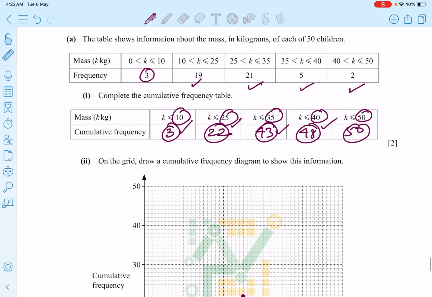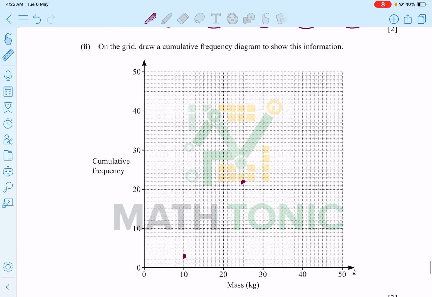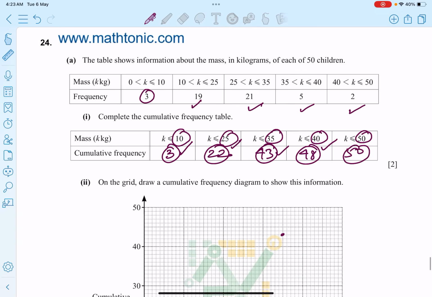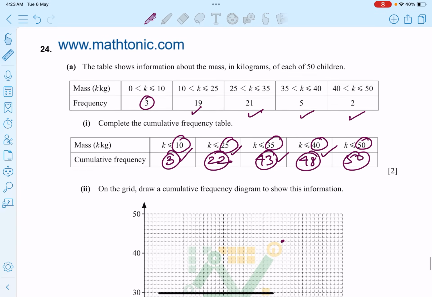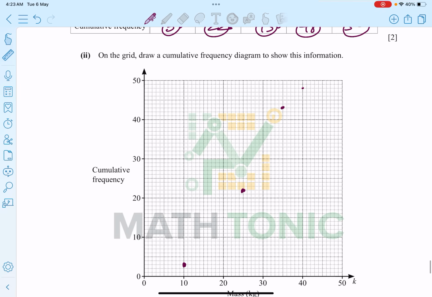Next, for 35 is 43, somewhere around here. Please check this, 35. Then for 40 is given 48, somewhere around here.